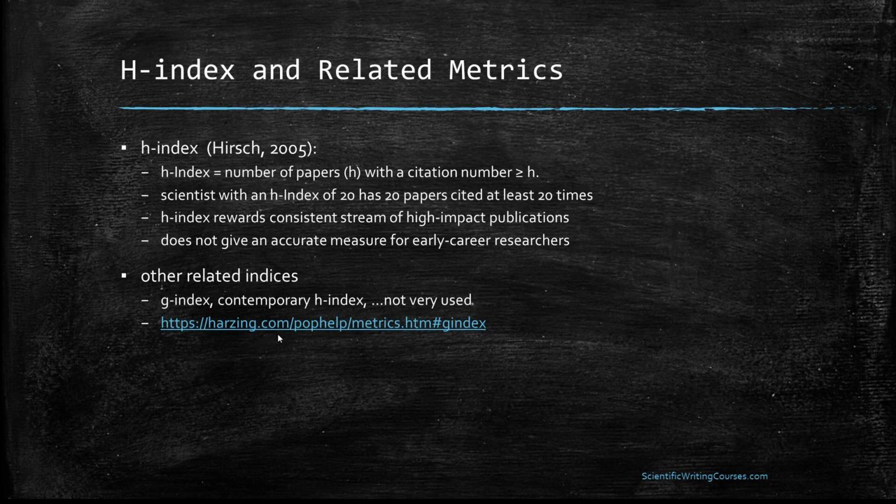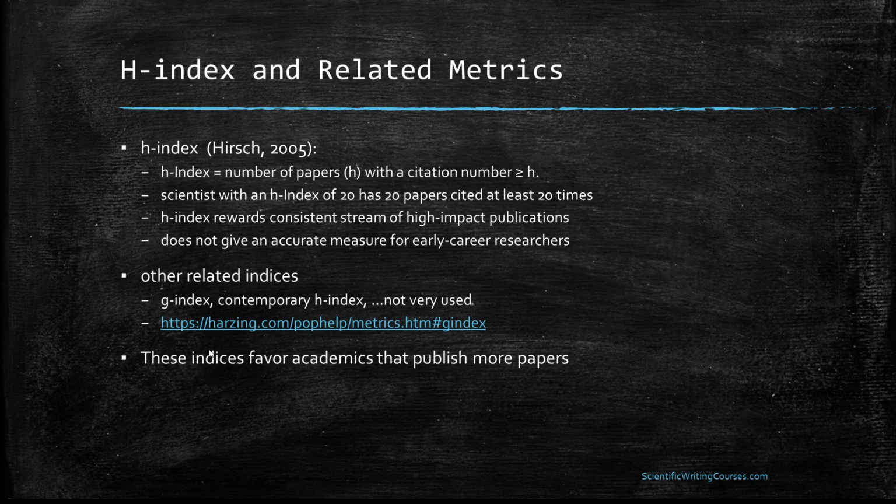I'm going to mention this one in the next slide anyway, because this company has a software that I suggest you download and install on your computer if you want to use it. But again, these are other related indices that very few people use, so I'm not going to go into them. Everyone uses the H-index.